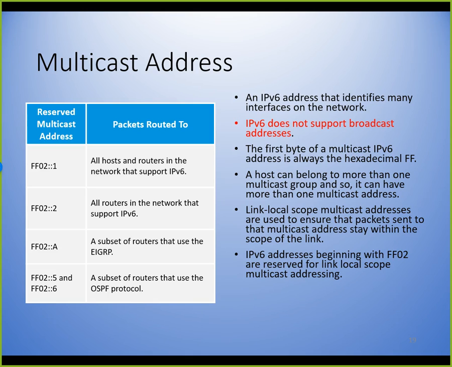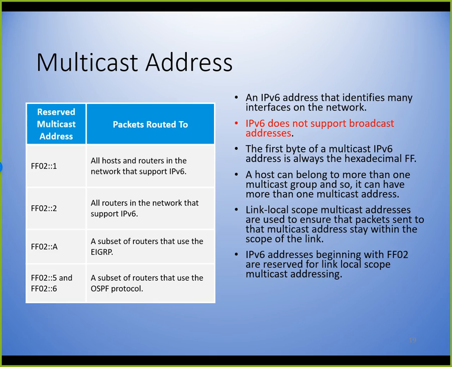What I have seen them mostly in is routing protocols: all hosts and routers in the network that support IPv6, and then routers that are running EIGRP, FF02::A, and OSPF, FF02::5 and 6, and those are two different types of routers in OSPF that support that.